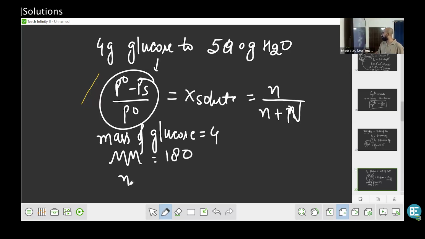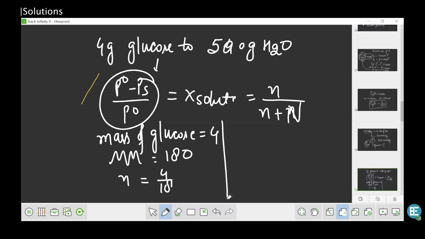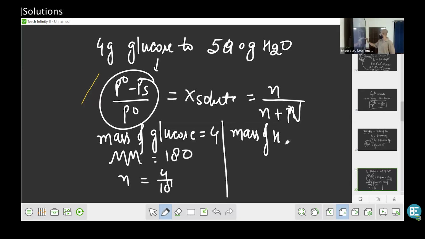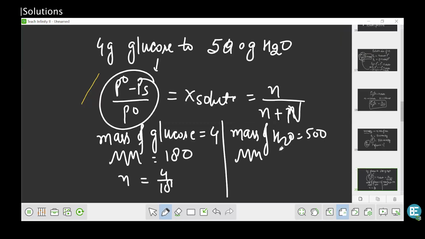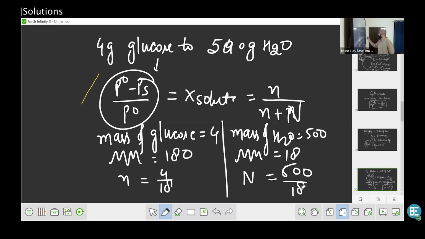So the number of moles of glucose, that is lowercase n, is 4 by 180. Now coming to water, the mass of water is 500 grams. Molar mass 18. So all you have to do is put the values there.